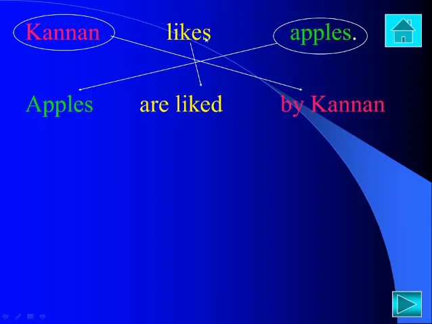This verb will change to are. Why? How did we get here are? It depends upon this word apples. Since this one is not singular, this one is plural, since this is a plural object, we have used here are.